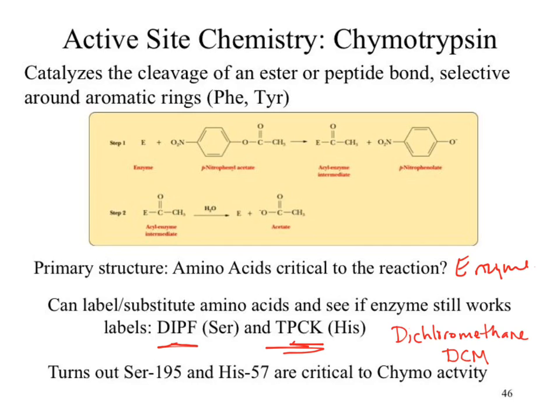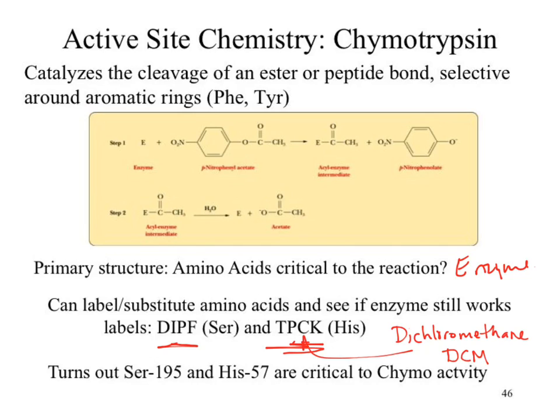The same thing is happening here. The tags are a separate piece that we're adding to the enzyme, and that piece then selectively reacts with histidine in the case of TPCK or serine in the case of DIPF. So an enzyme is a protein with other things on it.